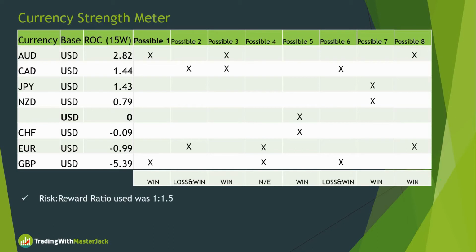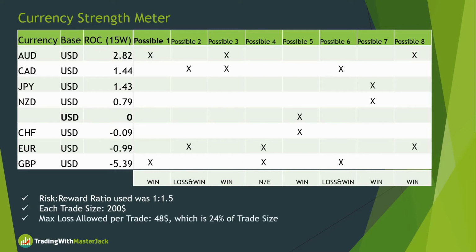I used the risk reward ratio of 1 to 1.5. Normally I use 1 to 2, but for the sake of the video I used this ratio. Each trade size was $200, and therefore the max allowed loss per trade was $48, which is 24% of my trade size. That is actually overall 2% risk of my total portfolio.